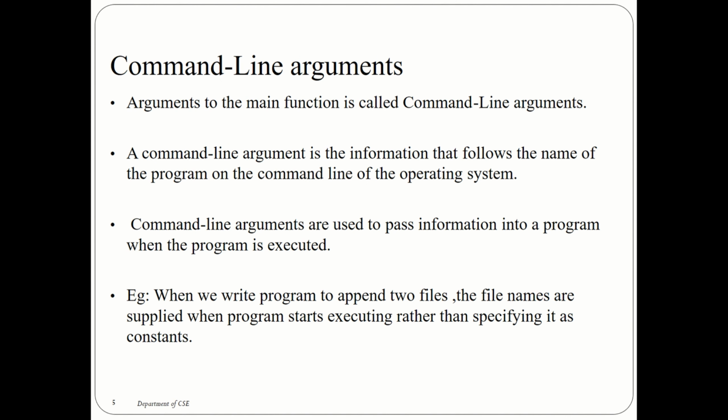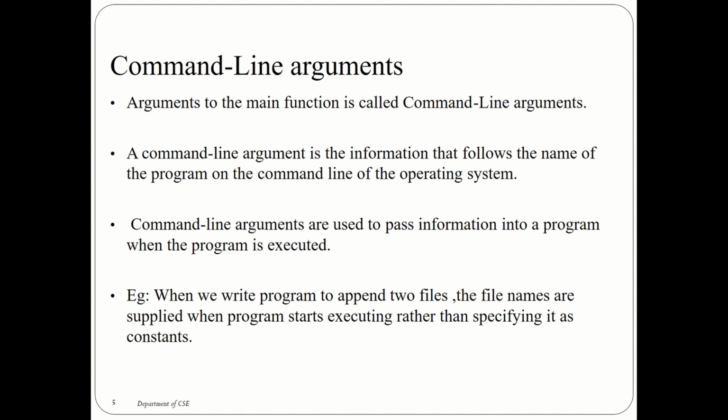Yes, the main function can also have arguments. Such arguments are called command line arguments. Command line arguments are those arguments which are passed as parameters to the main function. We give them during the execution of the program.